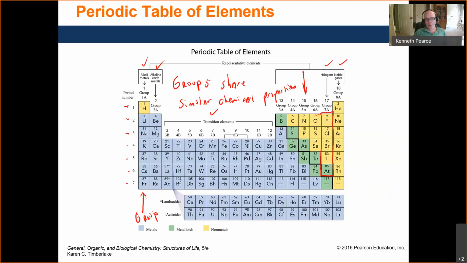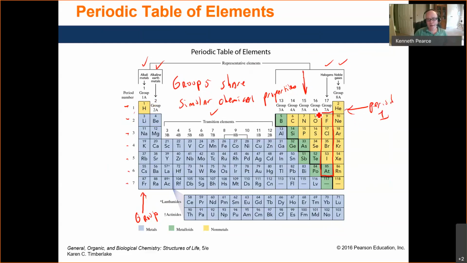And the same thing with the alkali metals, they behave very similarly as well. And so that's the important part of having groups. Now, the period is just the row number, and you've got to be careful with the period because a lot of times we tend to ignore the hydrogen and helium. These are period 1.